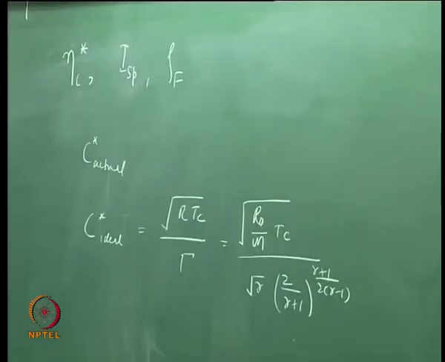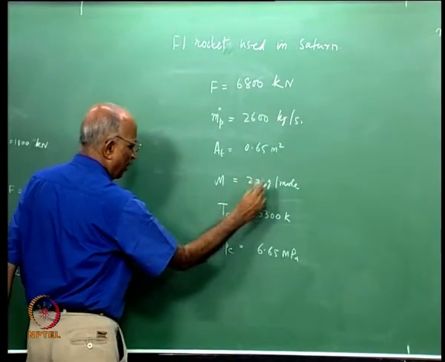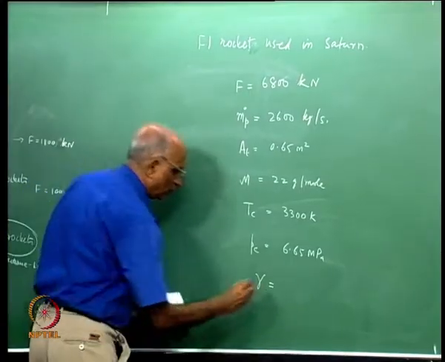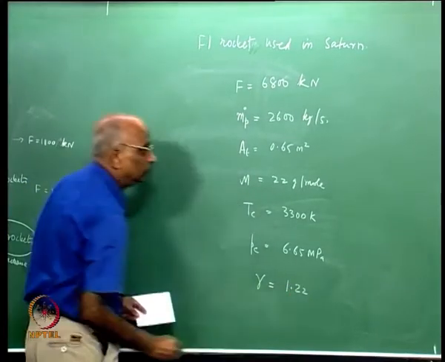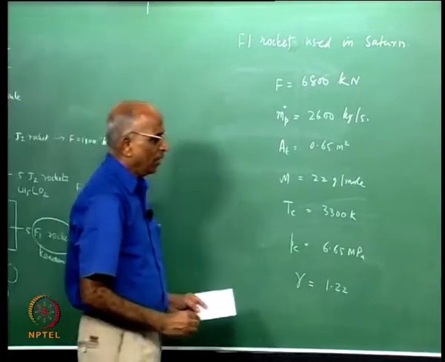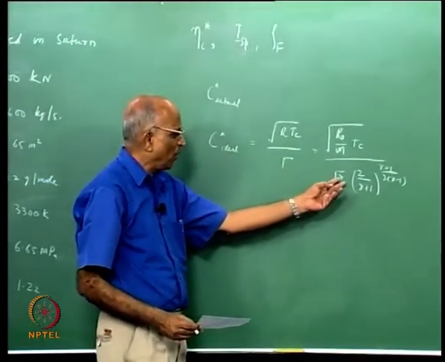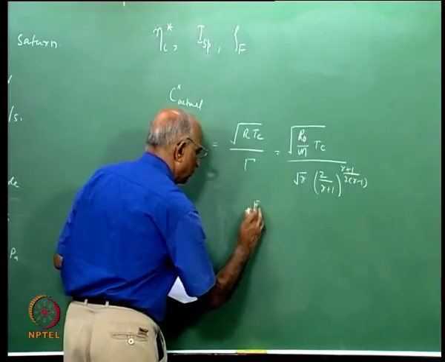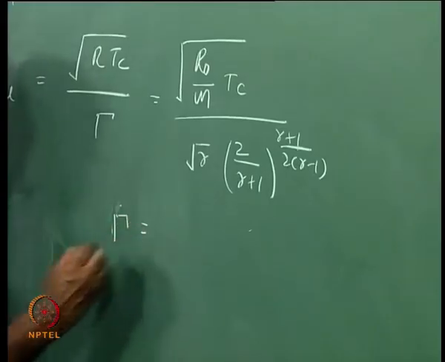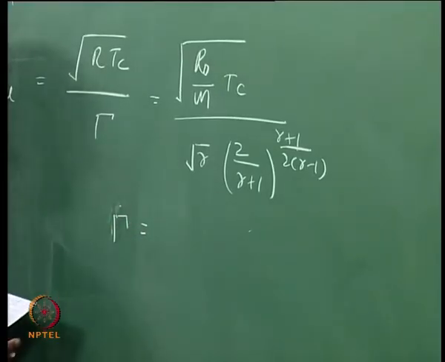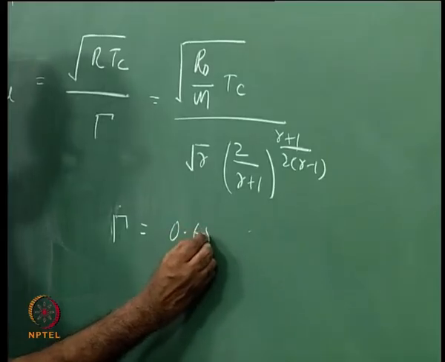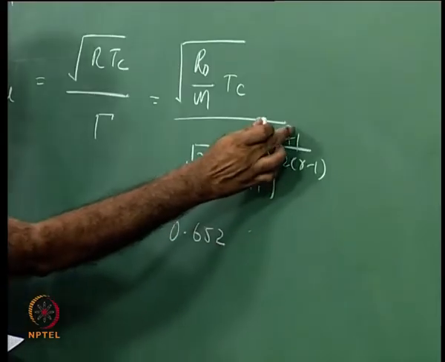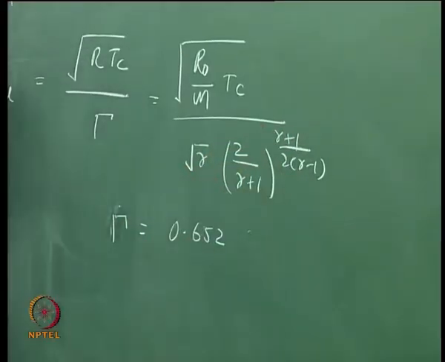It is also told to you that for a molecular mass of 22 gram per mole, the value of gamma for the gases is equal to 1.22. Therefore, I substitute gamma is equal to 1.22 and the value of capital gamma works out to be equal to 0.652.